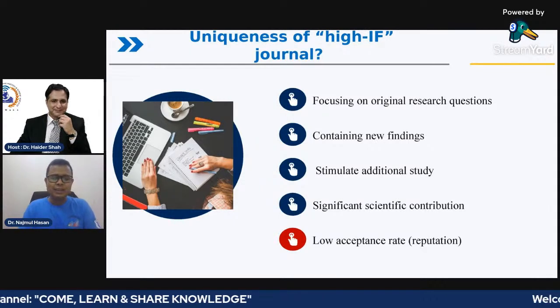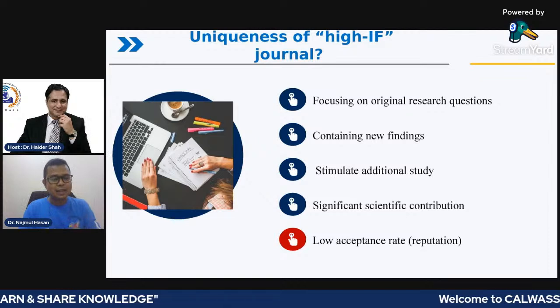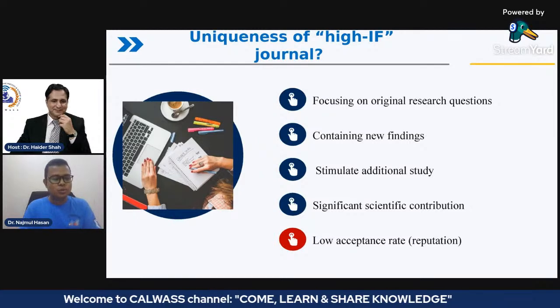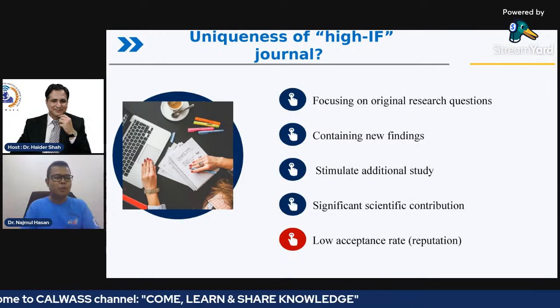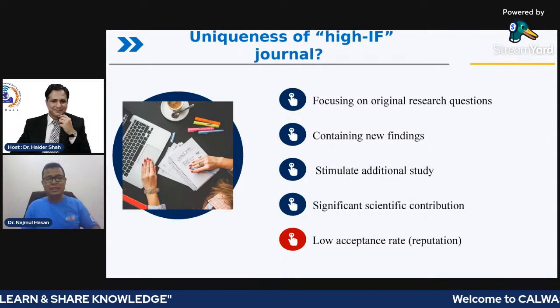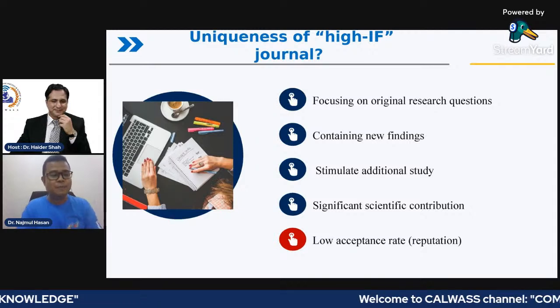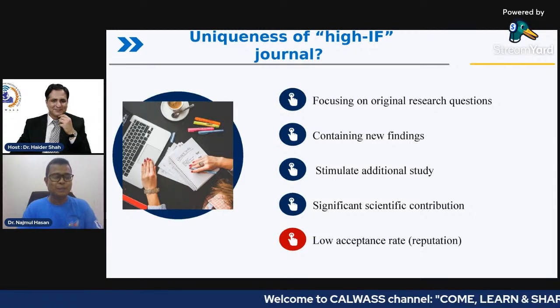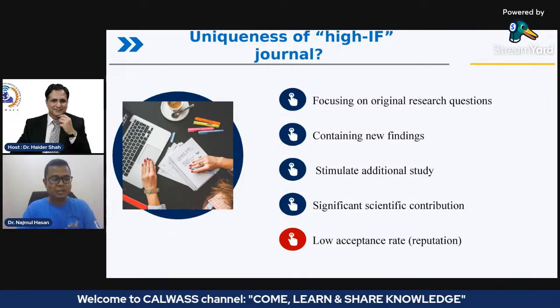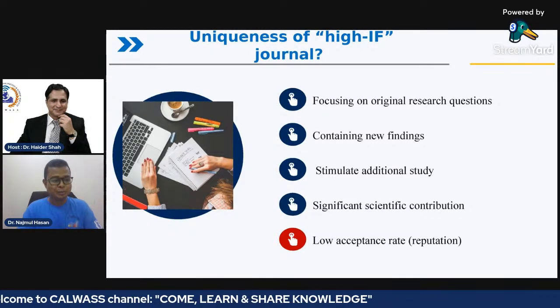And finally, how does your research contribute scientifically, theoretically, or how would your research be implemented in society, in the nation, or in some cases globally, right? But there is a problem. The problem is that high impact factor journals' acceptance rate is too low. For example, MISQ, I mean Management Information Systems Quarterly, GIQ, Government Information Quarterly, right?